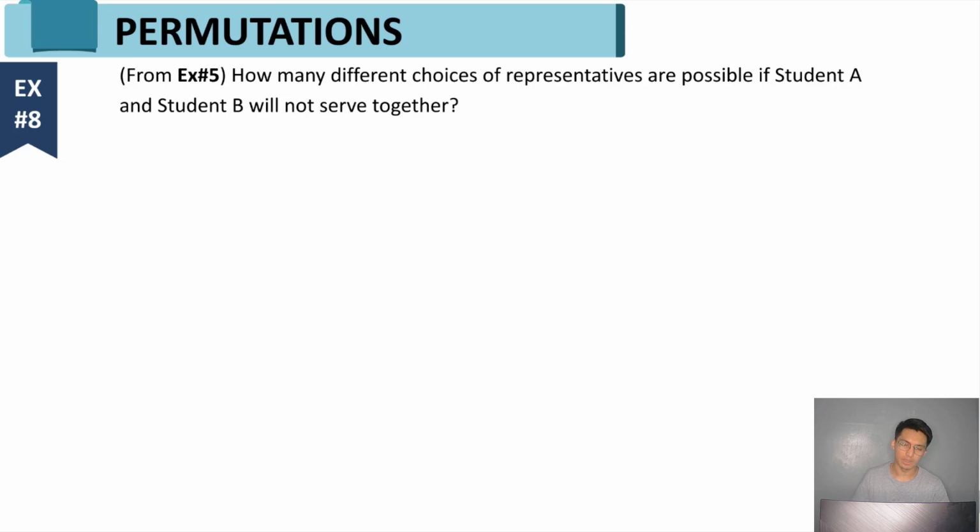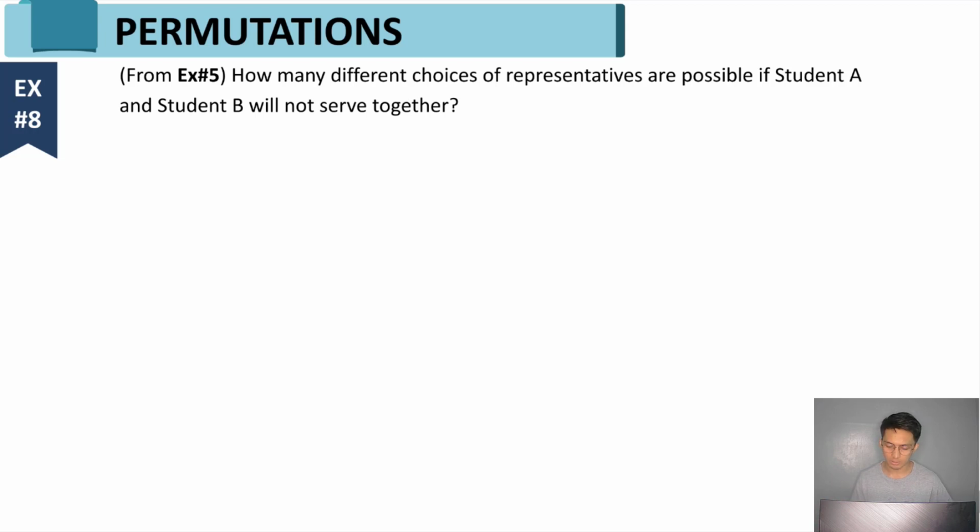Example number 8. From example number 5 ulit, hindi pa tapos. So, how many different choices of representatives or officers na pinag-usapan dito are possible if student A and student B will not serve together? So, from example number 5, ang condition naman dito, ayaw magsama ni student A tsaka ni student B as vice or president.